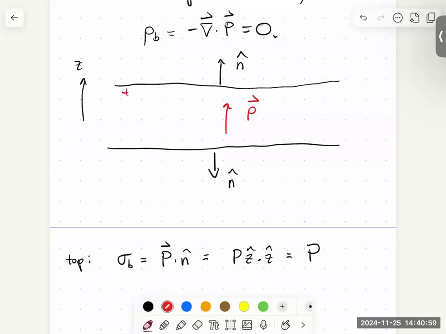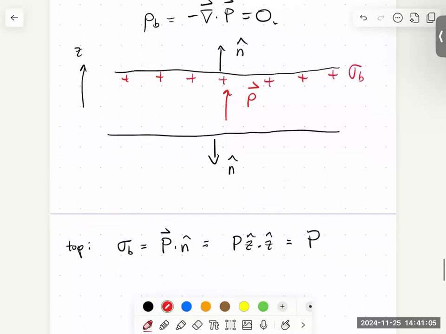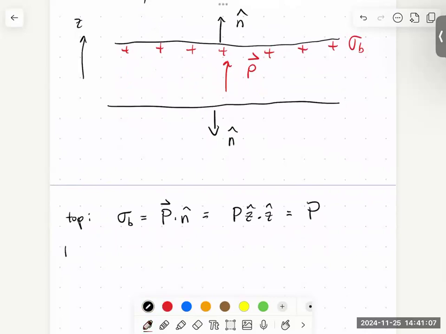That's positive, and so we get this positive charge at the top. And at the bottom, sigma_B is going to be P dot n hat, which is P z hat dotted with minus z hat. And that's just going to be minus P.